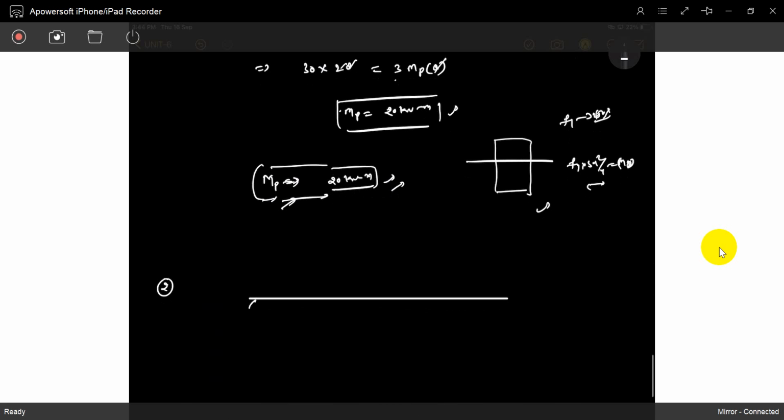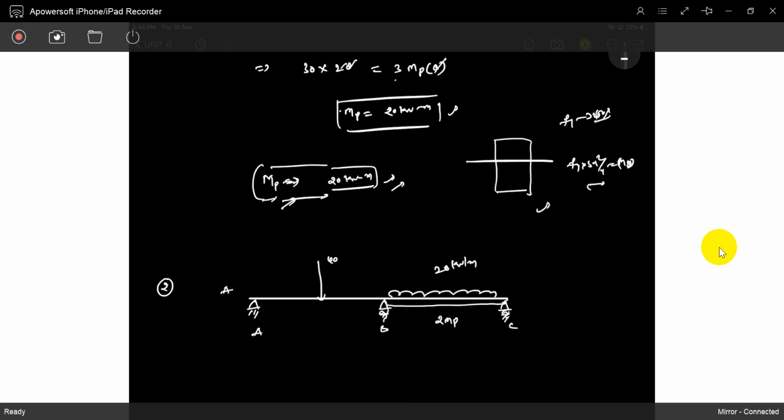So same. This is the problem. Again I have given a double cross section here, A, B, C. I will give the load of 40, and the load of 20 kilonewton per meter.